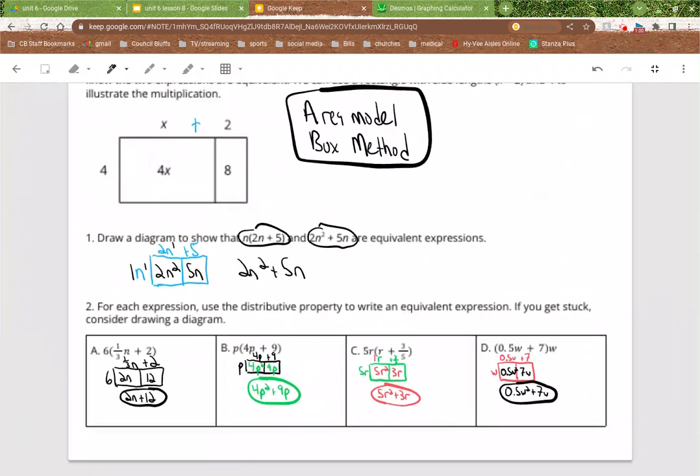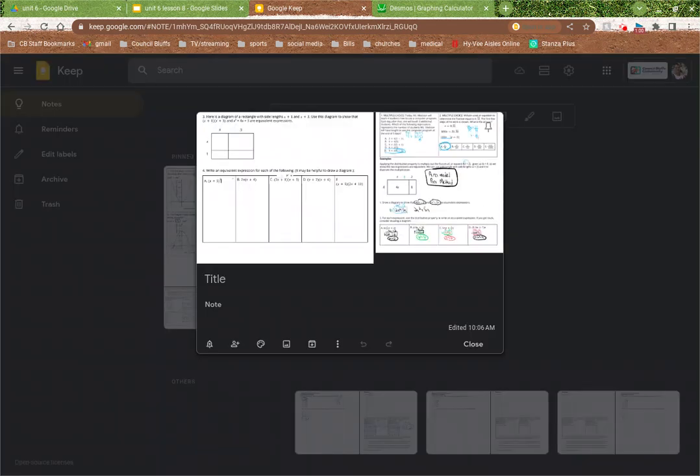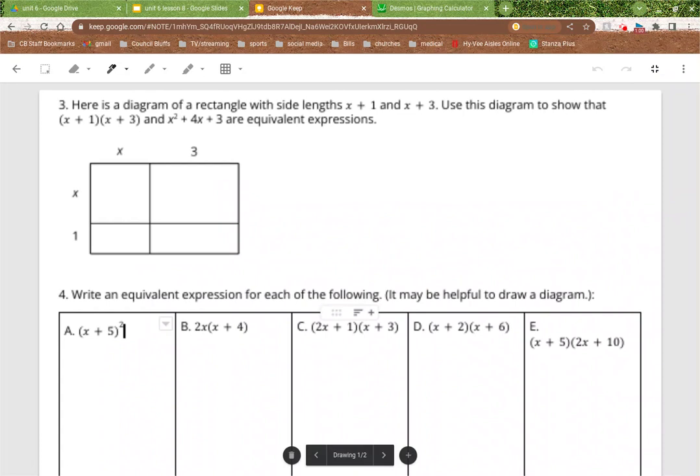So that's it for the front. Let's take a look at the back now. Let's go to the back of the handout if you're following along. So here is a diagram of a rectangle with side lengths x plus 1 and x plus 3.